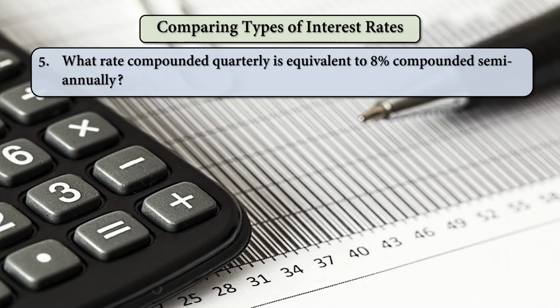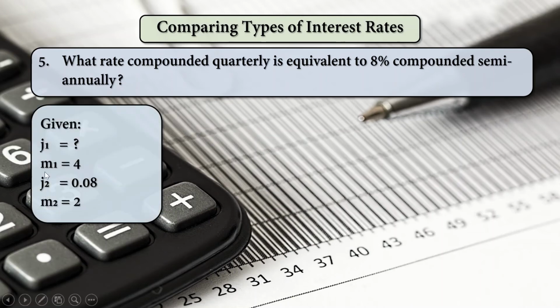So, fifth example, what rate compounded quarterly is equivalent to 8% compounded semi-annually? So, given M1 is 4 because that says quarterly, which is equivalent to 8%, that is J2 compounded semi-annually, meaning our M2 is equal to 2.